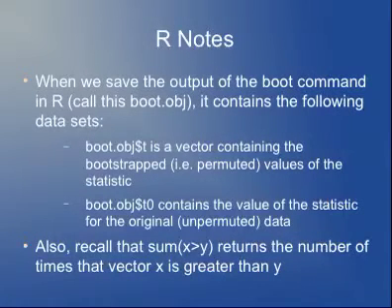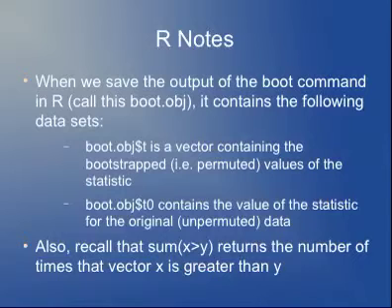And as I said before, in general in R, if you save the output of the boot command, call it boot.object, it will have the following data sets. Boot.object $T will be a vector of length b, usually a vector of length 1000, containing the bootstrapped values of the test statistic, in this case the permuted values of the test statistic.